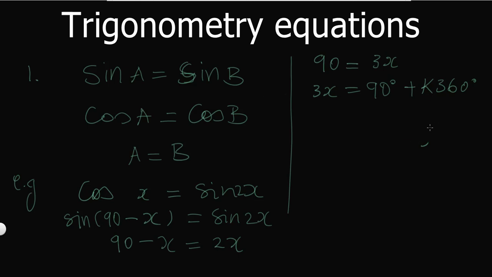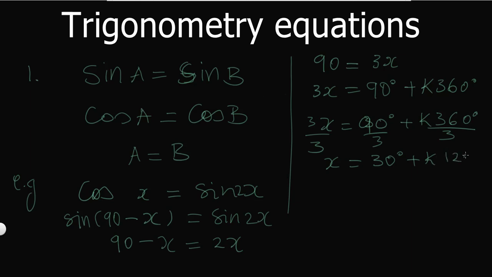So let's leave it like this. Now there we go. When you divide, it's very important to add k360 in the beginning, because when you divide both sides by 3, 90 by 3, and divide here by 3, x will be equal to 30 degrees plus k120 degrees.